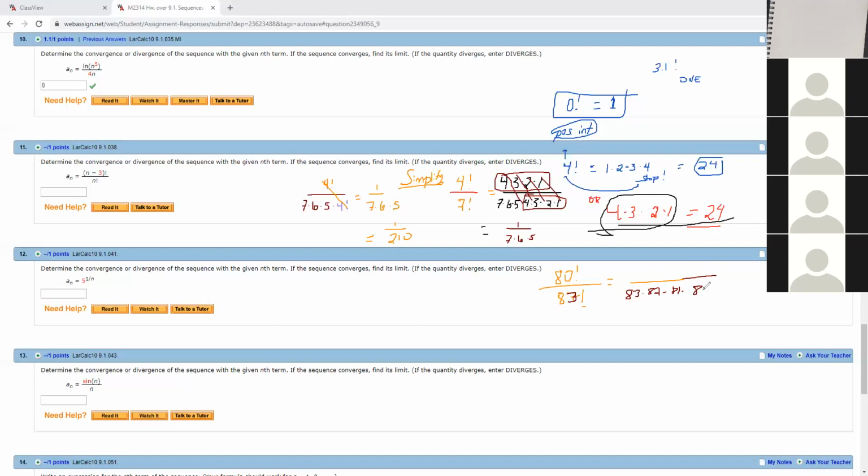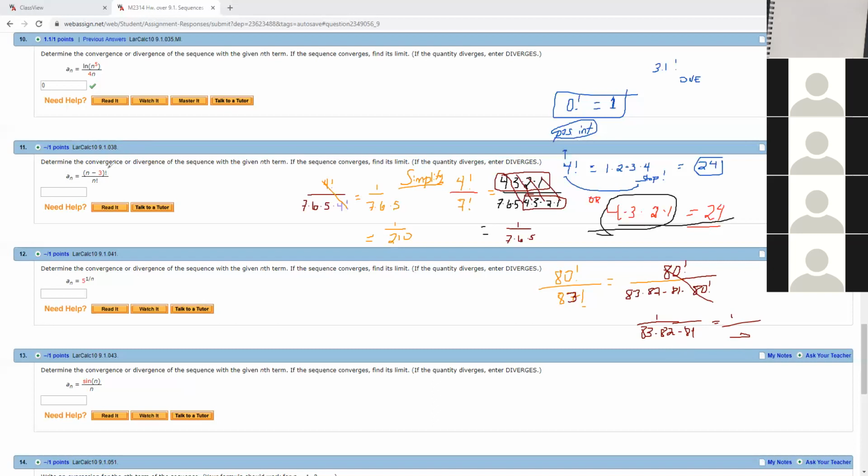Yeah. And so instead of saying 80, 79, 78, all the way down to 1, just say 80 factorial, because that's what's up here on the smaller part. Now that all divides out, and now you just have 1 divided by this stuff. Any questions here? No. And then you could multiply that on your calculator.